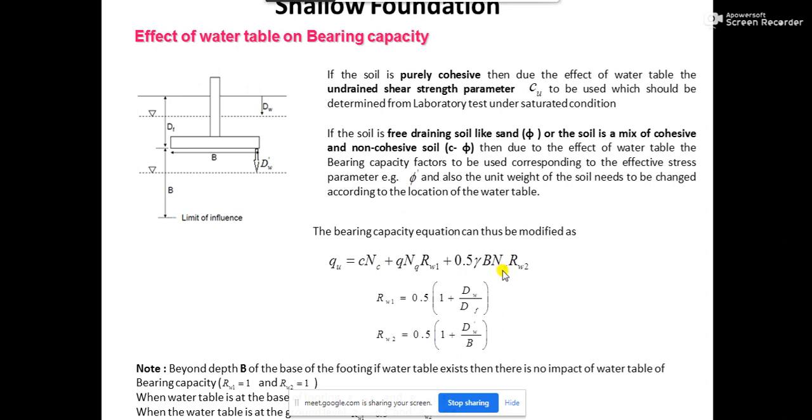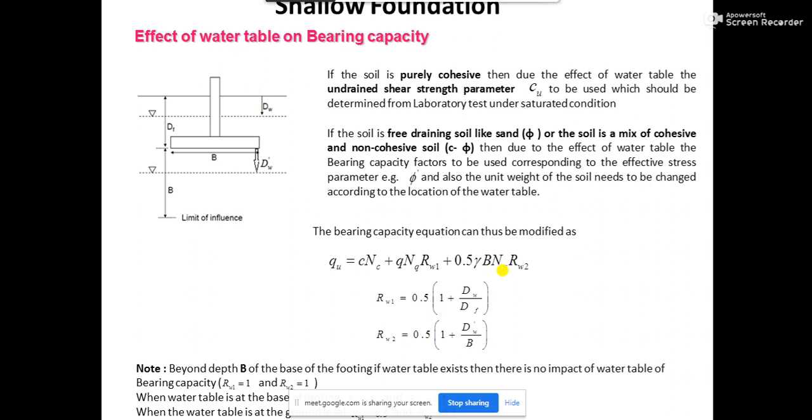Now if there is a presence of water table within the influence zone of the shallow foundation, this is very important, within the influence zone of the shallow foundation. To understand the influence zone, if you remember, when I discussed Terzaghi's bearing capacity equation, we spoke about three zones.